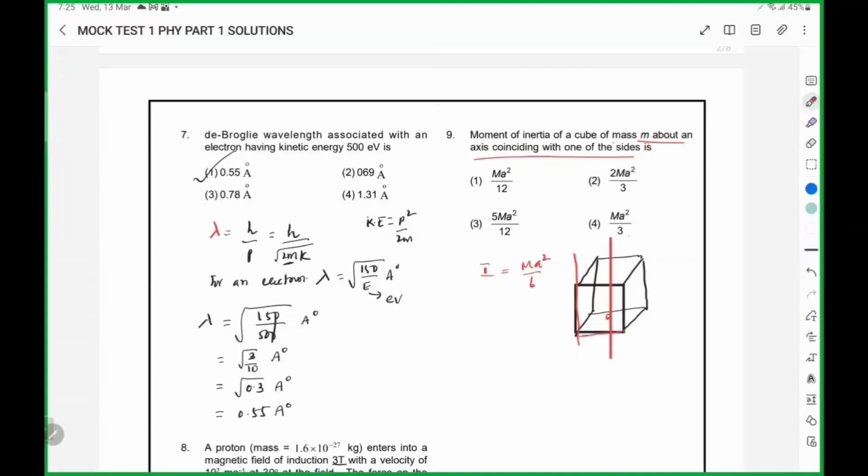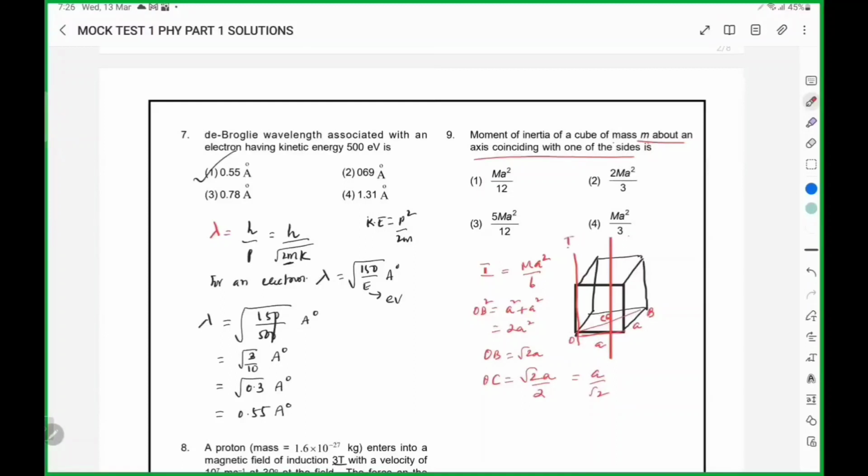So here this distance is a. It will be OB square is a square plus a square, which is 2a square. OB is root 2a. It is the center. OC will be a by root 2.